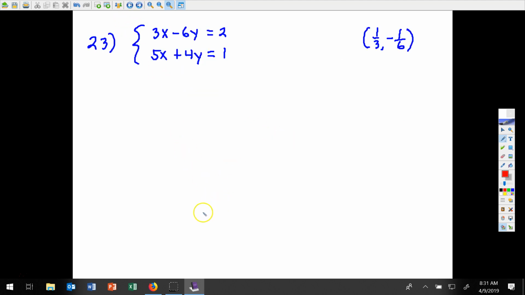Okay, let's try this one. Do you see a possibility? Which method would you pick? And if so, help me out. How would you go about solving this system? Anything stand out to you?